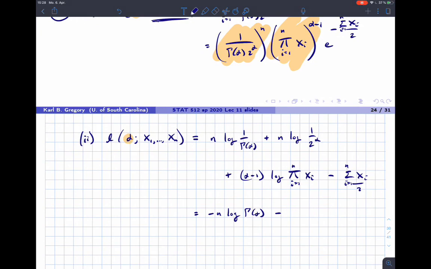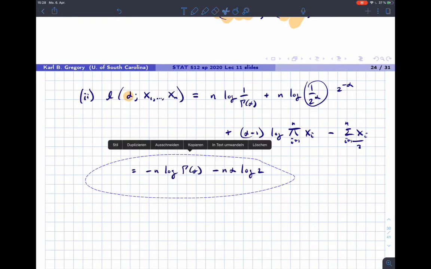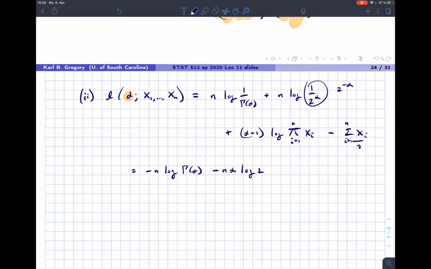And then this here is like 2 to the minus alpha, so let me take minus alpha and put it out front. And then I've got alpha minus 1, and this log of a product becomes a sum of logs, the sum of log xi.